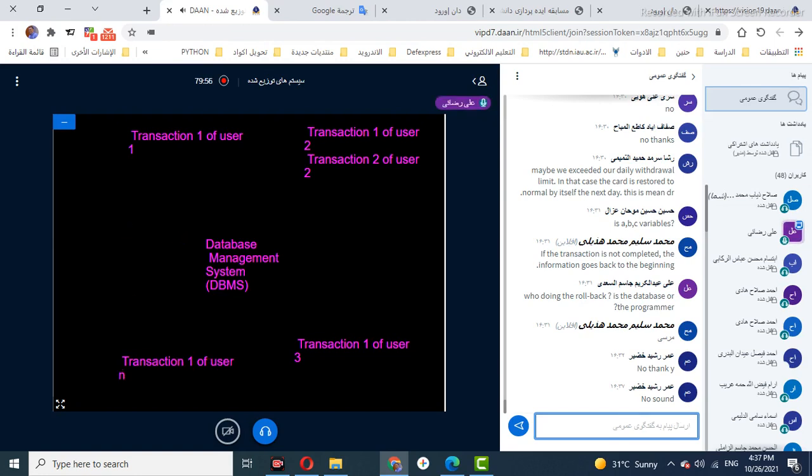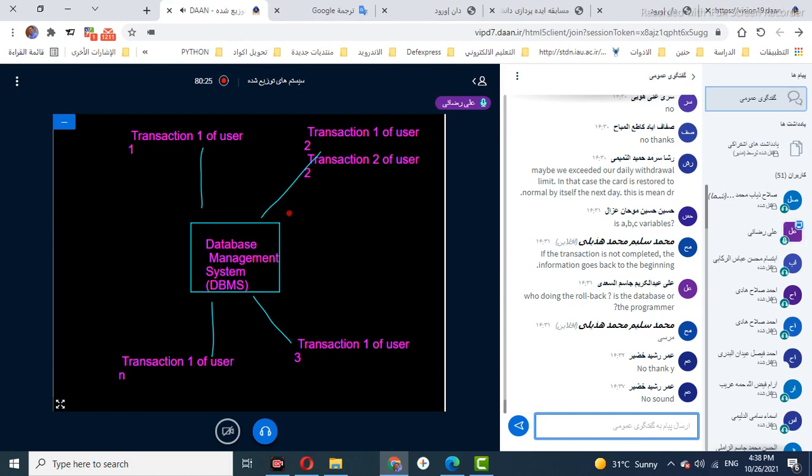As you can see, let me draw some lines here. Okay. For example, user two has two transactions, user one has one transaction, user three has one transaction, user n has one transaction. All of these transactions will arrive at this database system.